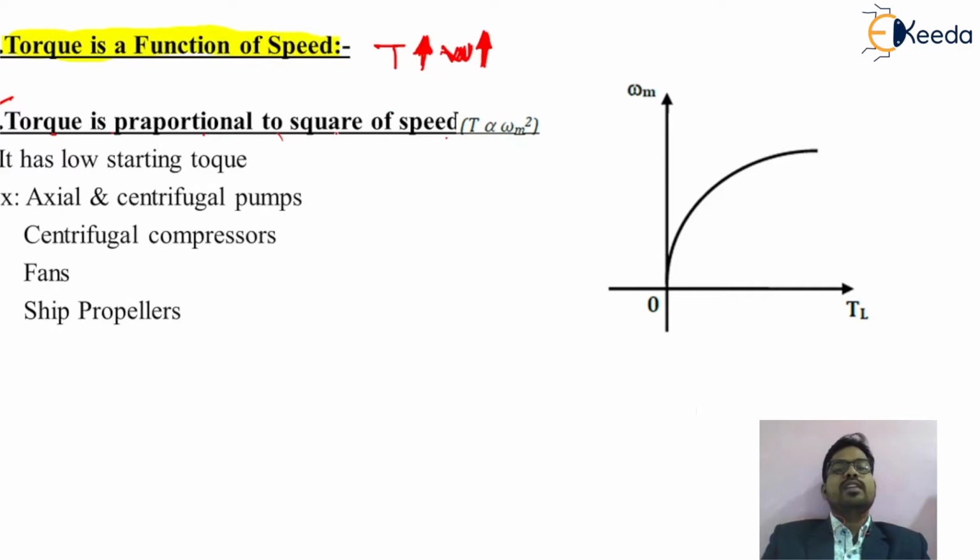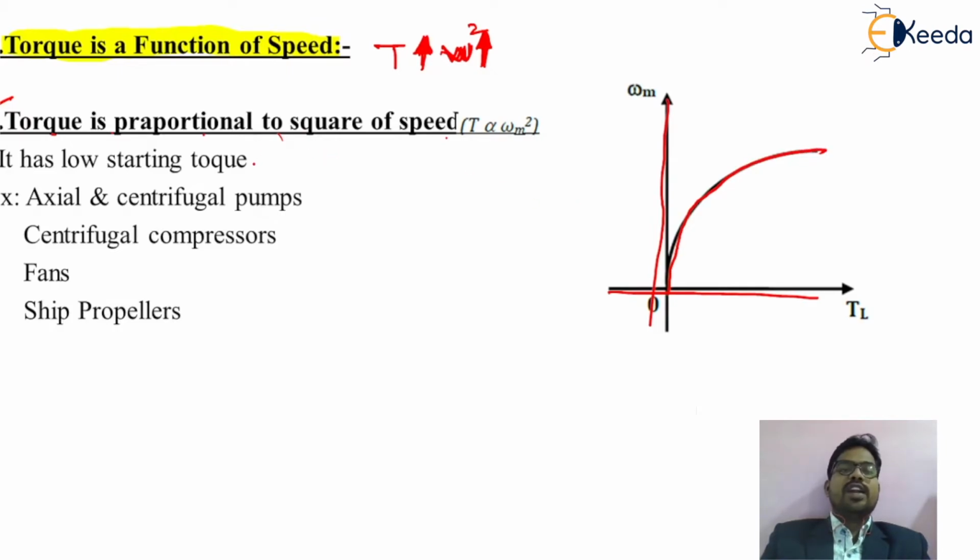So in this method, the torque increases in terms of the square of the speed. This relationship is shown by this graph of torque and speed, in which we get the curve of your torque in concern with the square of speed.